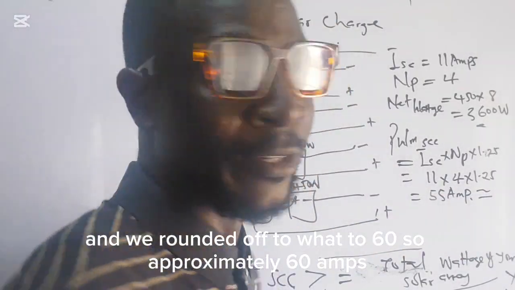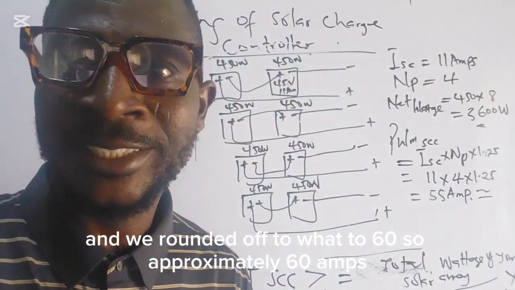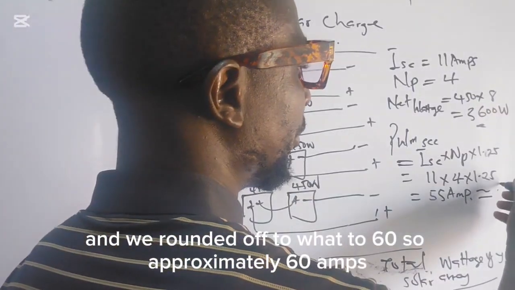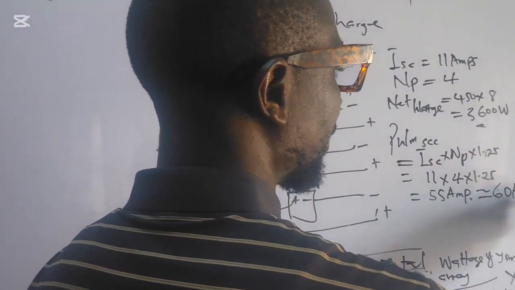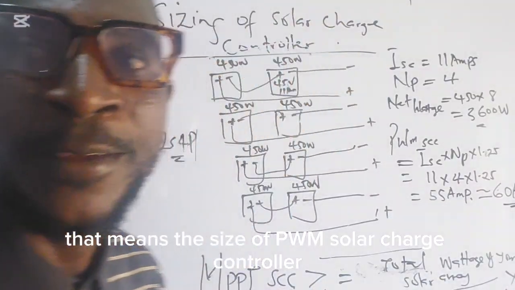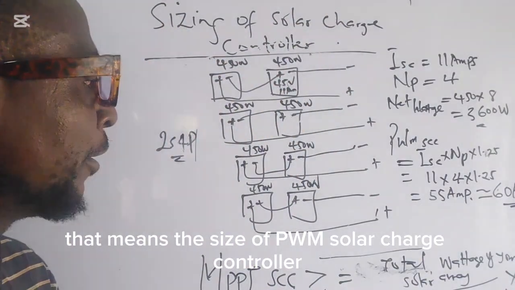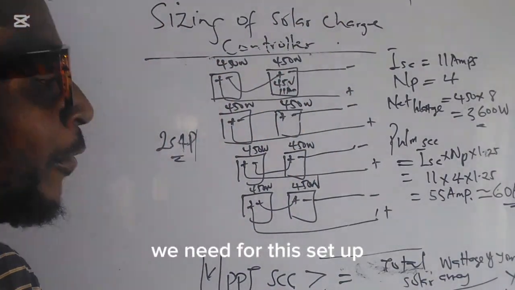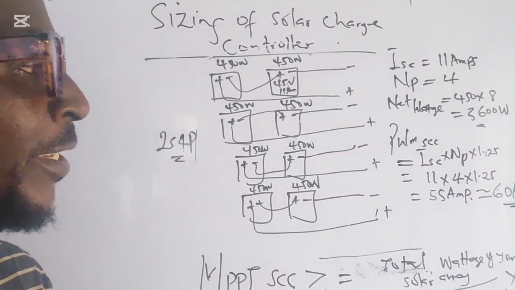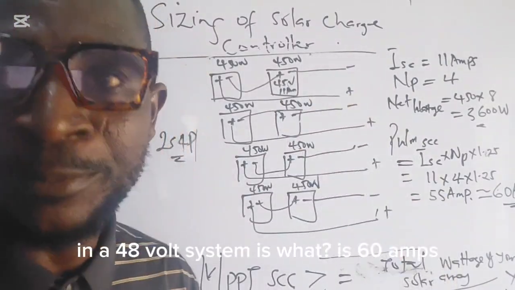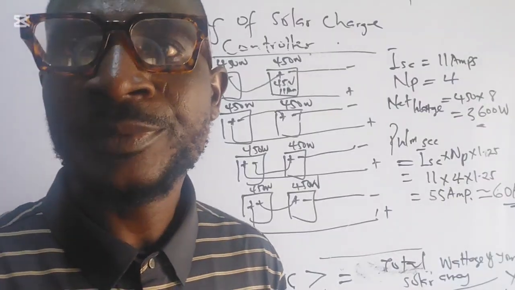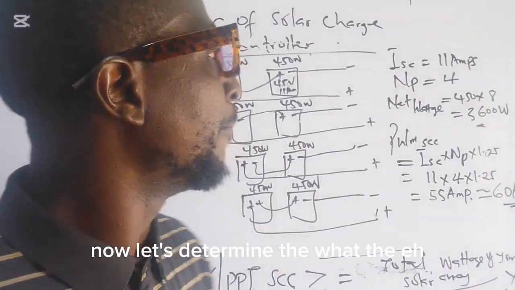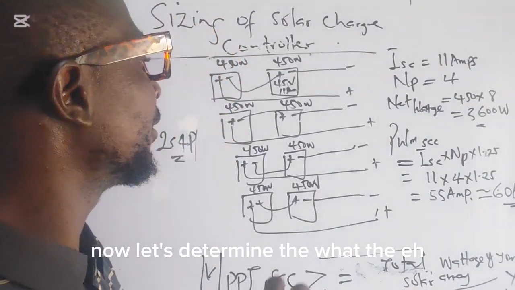And we round it off to what? To 60. So approximately 60 amps. That means the size of PWM solar charge controller we need for this setup in a 48 volt system is 60 amps.